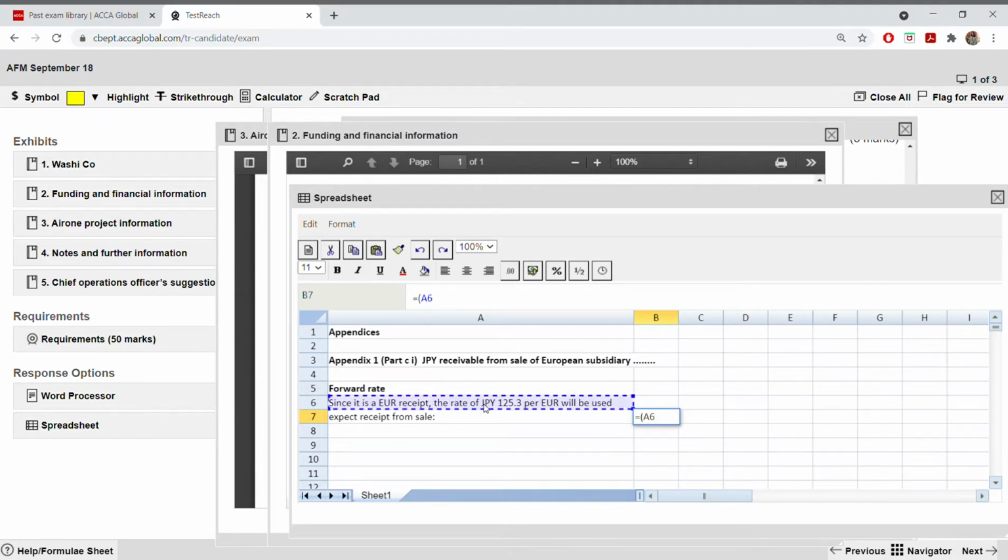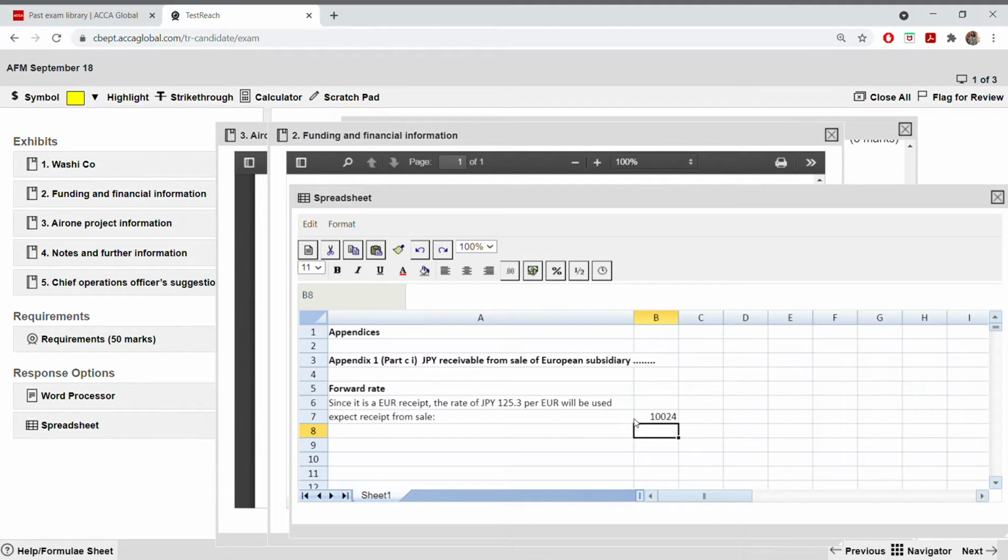If you just write 125.3, it would be very hard for you to decide whether you multiply or divide. But when you write 125 Japanese yen per euro, you will know whether you have to multiply or divide. So you are having 80 million euro and you have 125.3 Japanese yen. Different currencies, multiply. So 80 multiplied by 125.3. Enter.